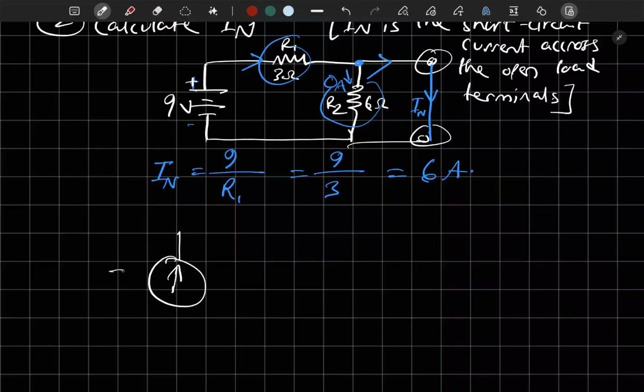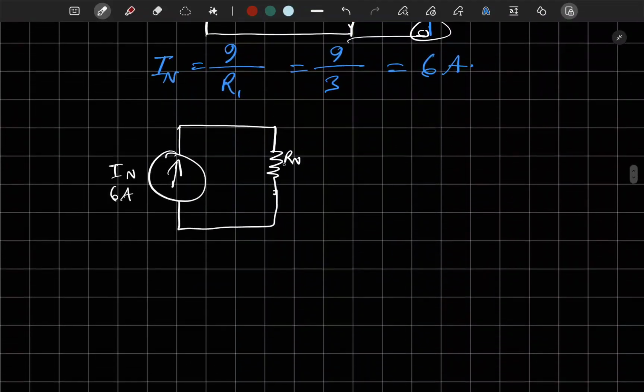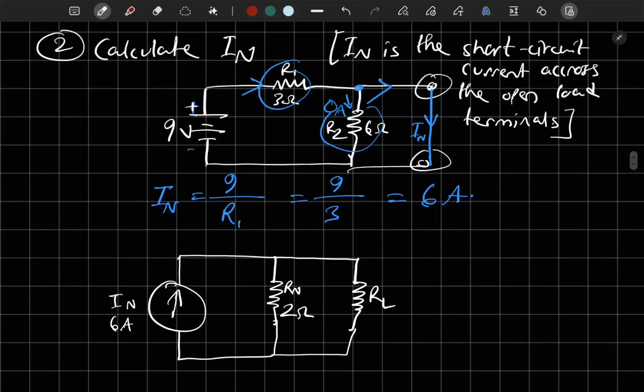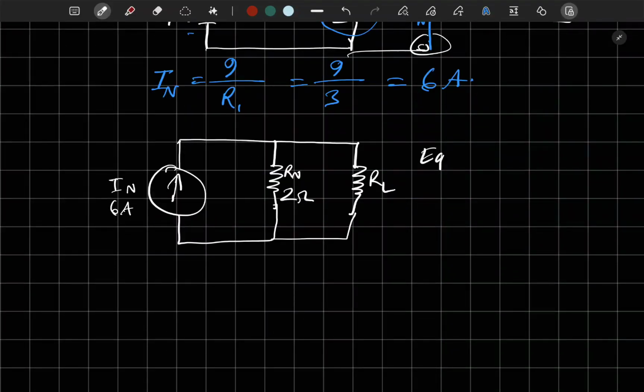So this would be our IN, which is 6 amperes. And then the Norton's resistance in parallel. So this is Rn, which is 2 ohms. And then we have the load resistance, which is just as it was. So this is our final equivalent Norton's circuit.